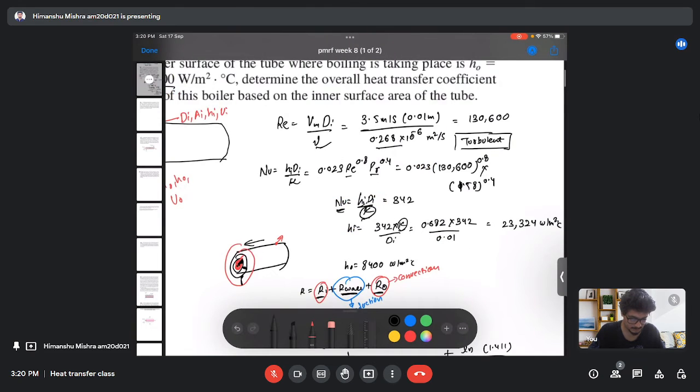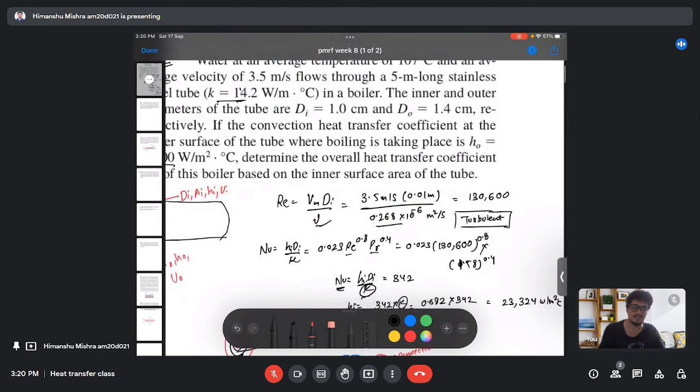So in this question, we have been given the heat exchanger and its size, the thermal conductivity of the pipe, and the outer heat transfer coefficient, and we are asked to determine the overall heat transfer coefficient.